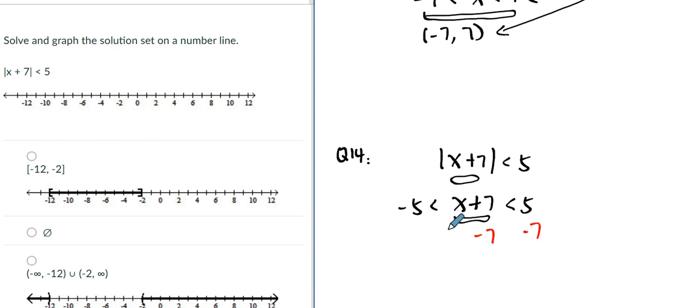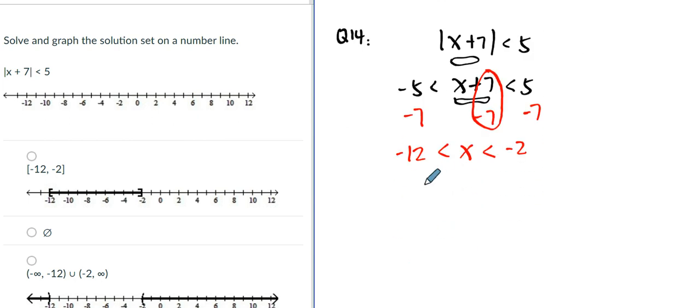Minus 7 everywhere. Okay. Negative 5 plus negative 7 is negative 12. These two will be cancelled. In the middle is x. Negative 7 plus 5, we got negative 2. So, negative 12 to negative 2. That's it.